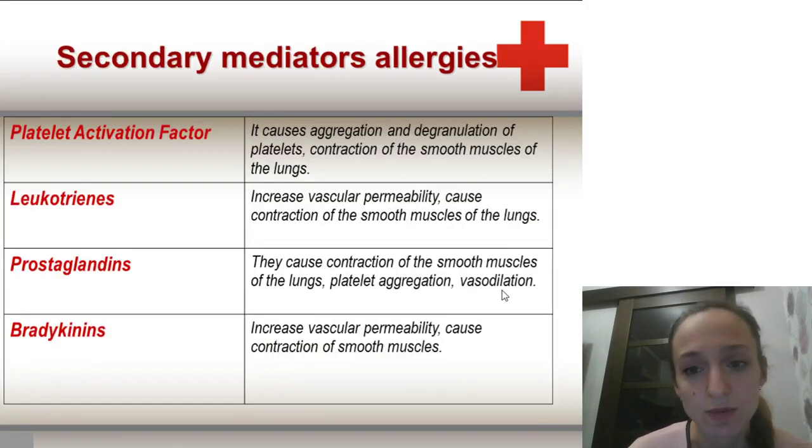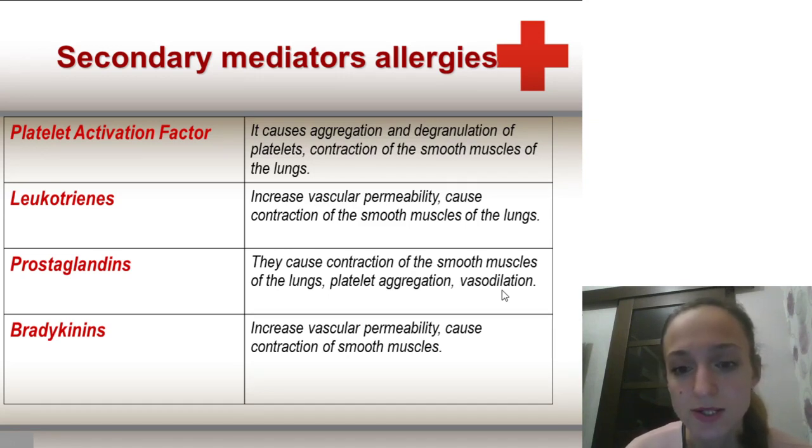And secondary mediators: platelet activation factor. It causes aggregation and degranulation of platelets and contraction of the smooth muscles of the lungs. Leukotrienes increase vascular permeability.